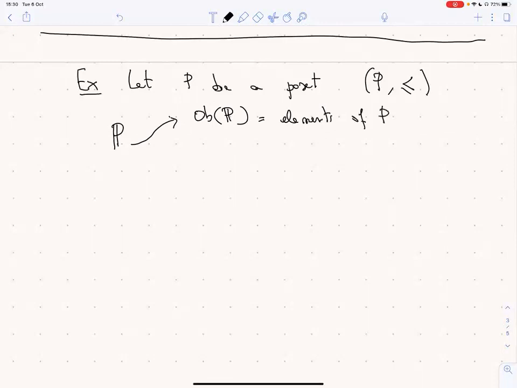And then I say that hom(A,B) is either top if A is less than or equal to B, and it is bottom otherwise.